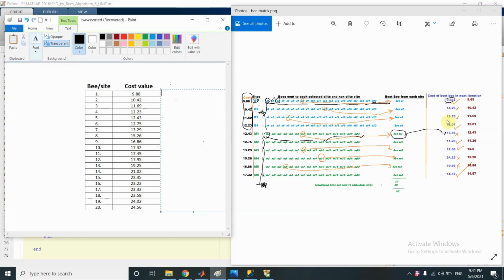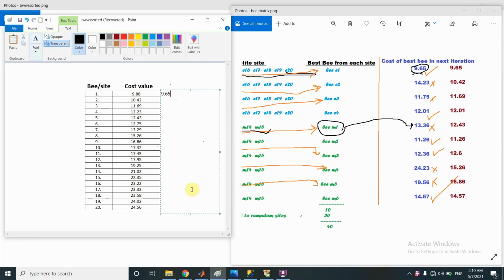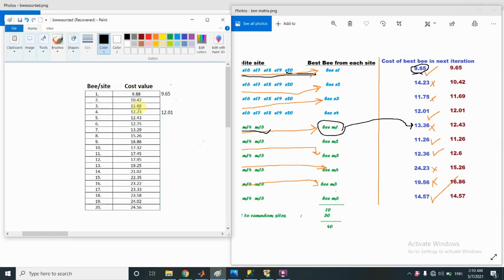So the first value will change from 9.88 to 9.65, and the fourth value will also be updated from 12.23 to 12.01. And these values will be discarded.